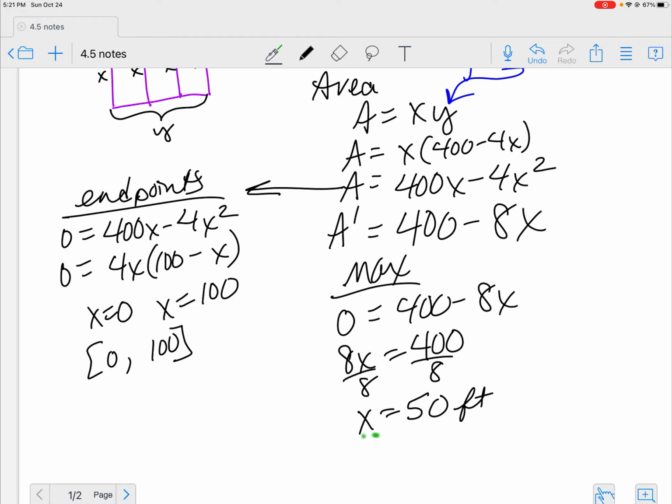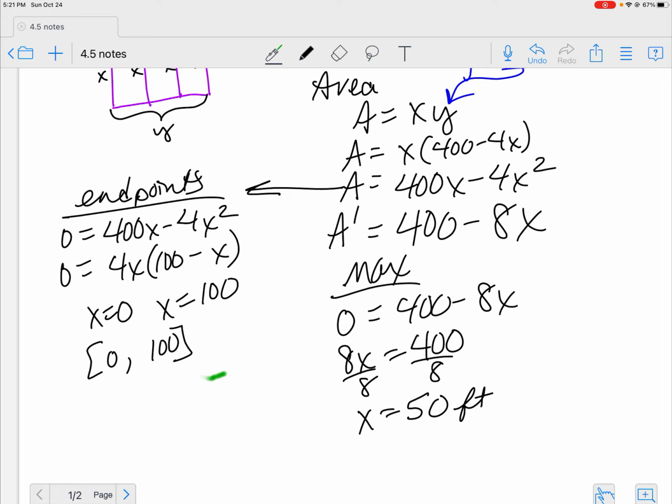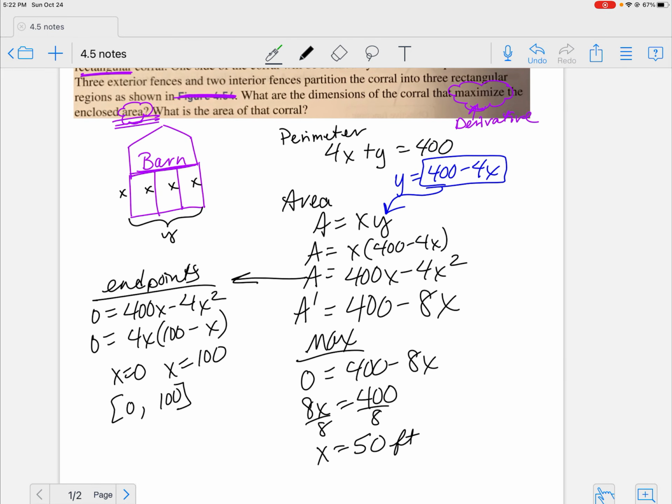Now let's check this out. Is 50 feet part of my interval? Check. That works out. Nice. Okay. So if 50 feet is part of my interval, this is asking me, what are the dimensions? Well, I know x is 50. That's just these pieces of my fence. I've got to figure out how much I put over there.